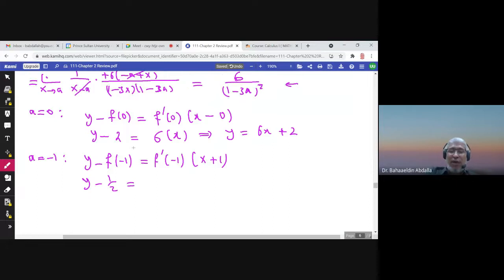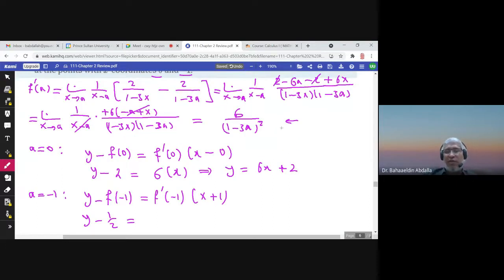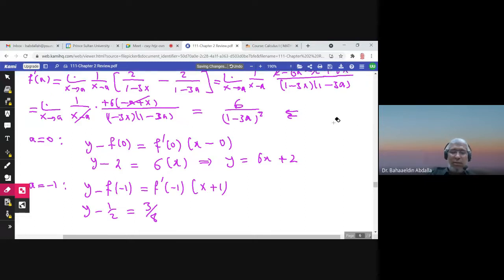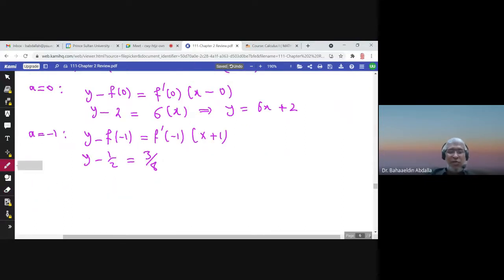What about f prime of negative 1? I find it from here. So f prime of negative 1 would be 6 over 1 minus 3 times negative 1. So 1 plus 3, 4. 4 squared is 16. So 6 over 16 or 3 over 8. So the slope at negative 1 is 3 over 8 times x plus 1.